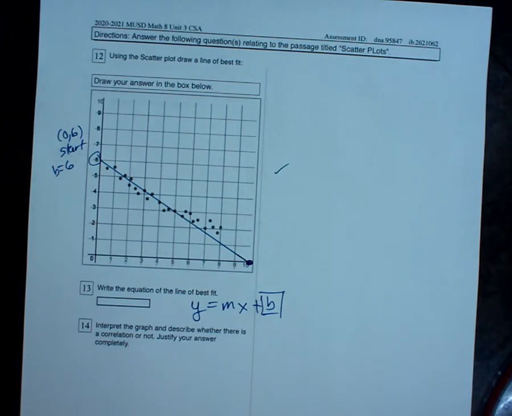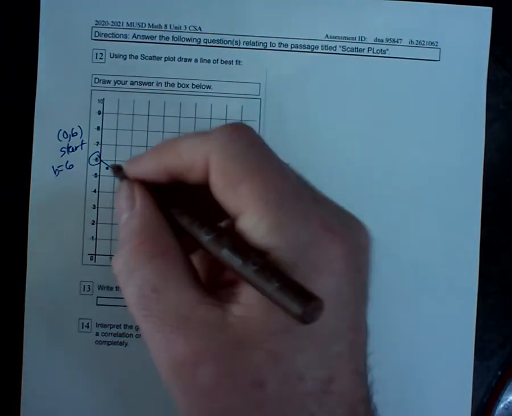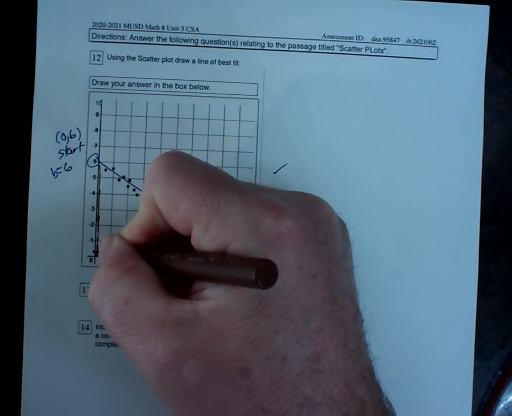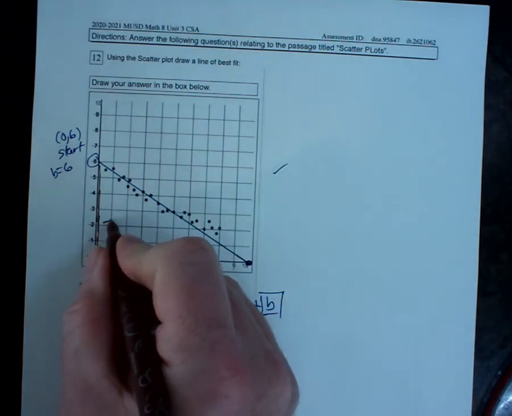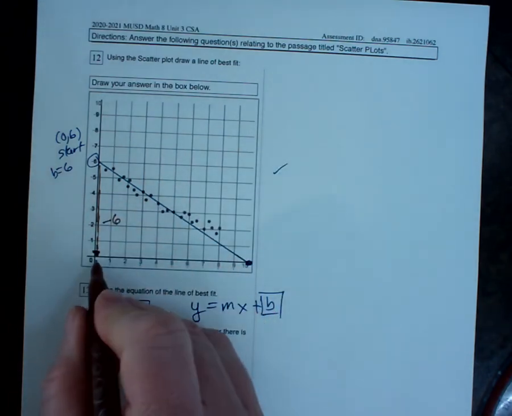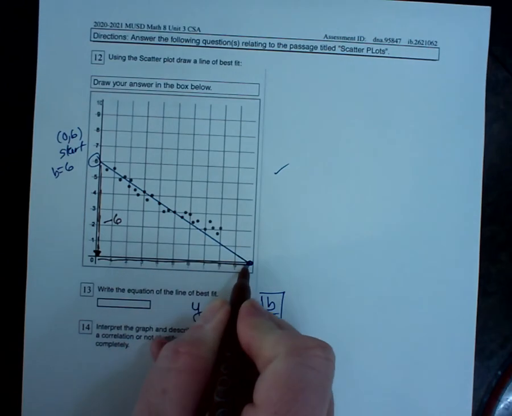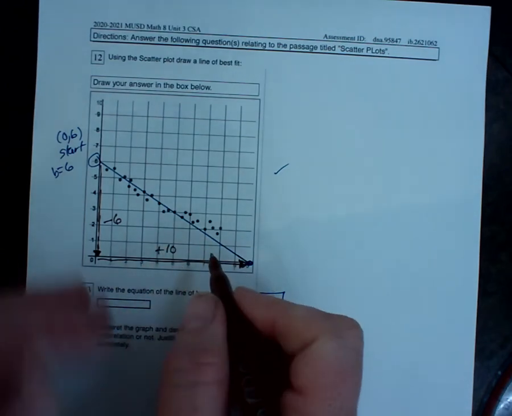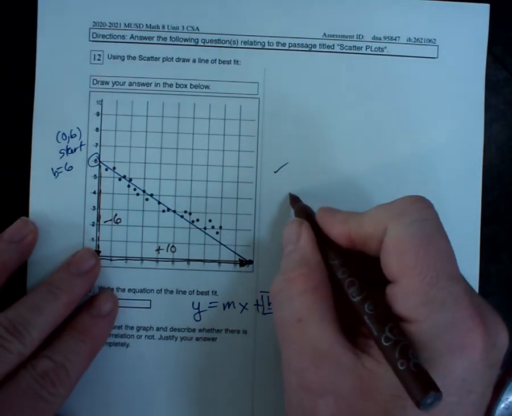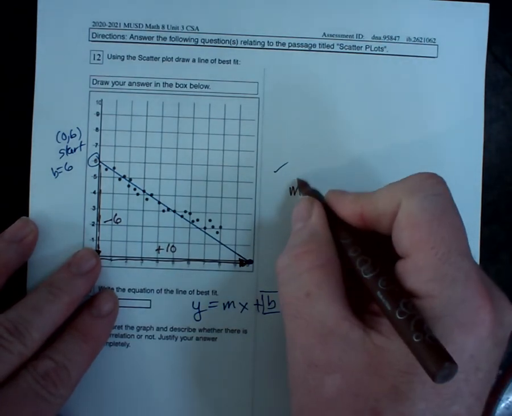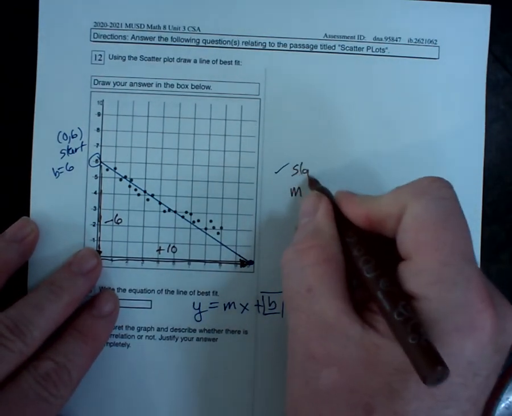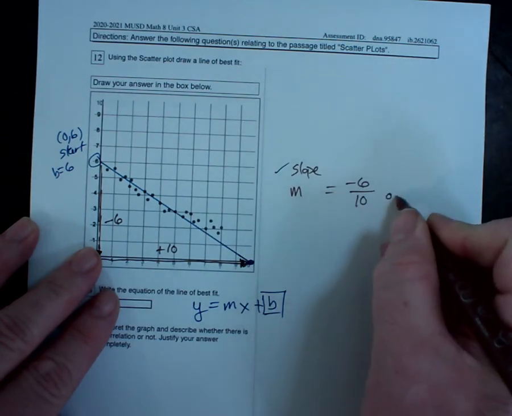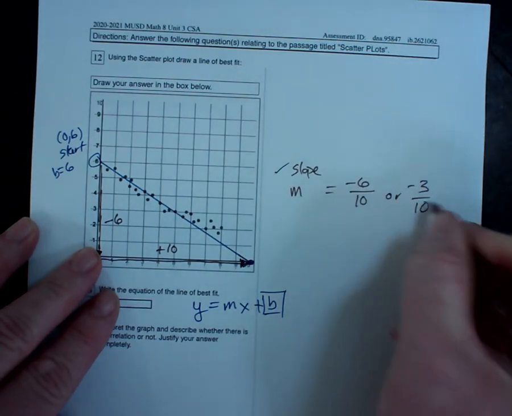Then you just need to figure out how far this line changes. One big mistake on the test was that the negative wasn't included. It goes down 6, right 10, so you have your slope, which is equal to -6 over +10, or -3 over 10.